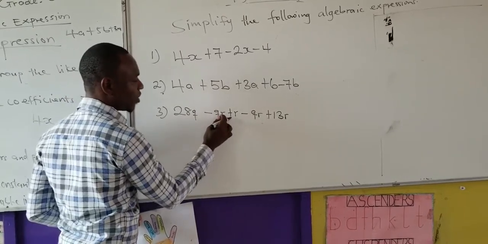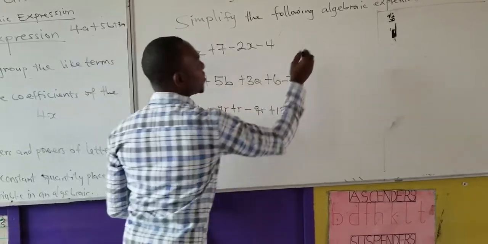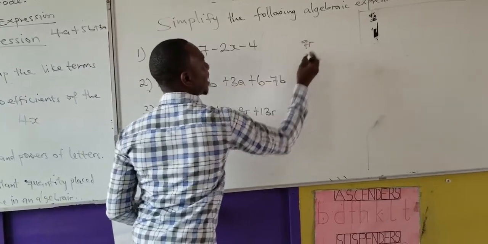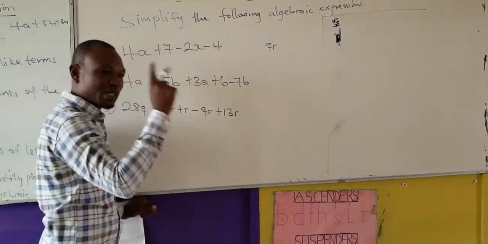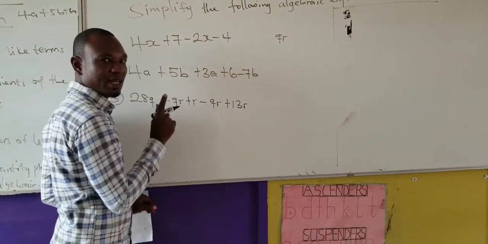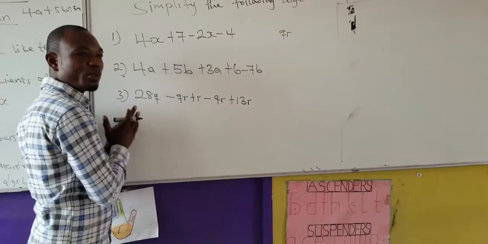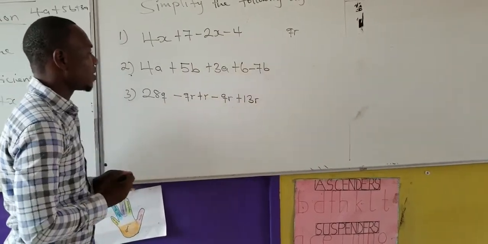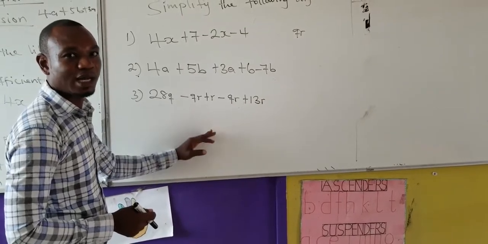And I told you that when they give you qr here, it simply means there's one in front, but they don't write one. So the qr stands for just one qr, and here too is one qr. So they group them, and where you are supposed to subtract, you subtract. Where you are supposed to add, you add.